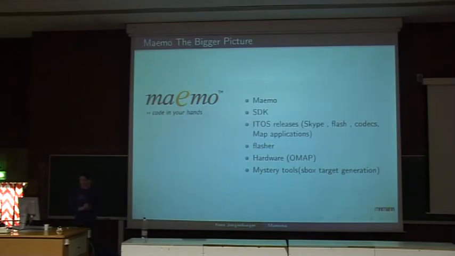They rename it to ITOS, Internet Tablet OS, I guess, and that you can install on your device. So back to Maemo. If I'm developing in Maemo, I'm not developing for the ITOS as is. There's a difference in there, and that difference is, I guess, control, because they decide what gets in there and what not.